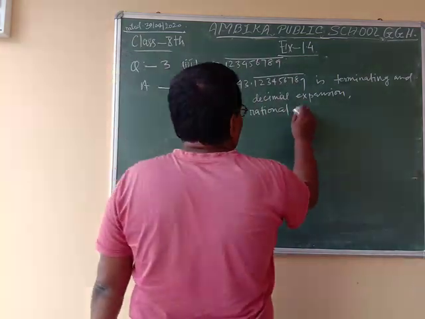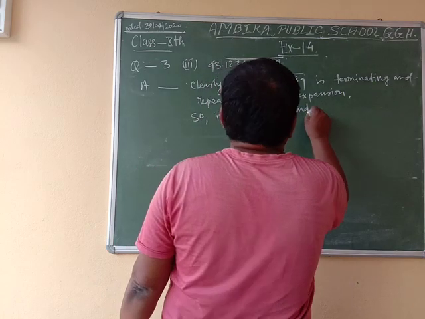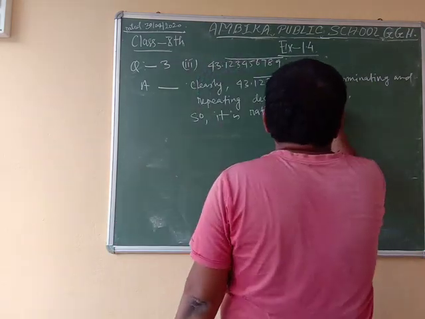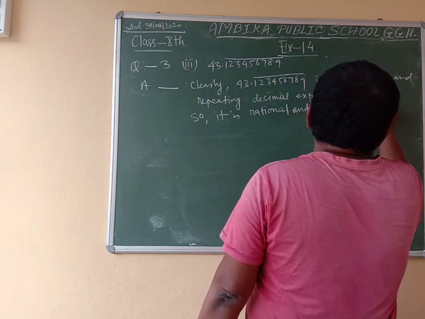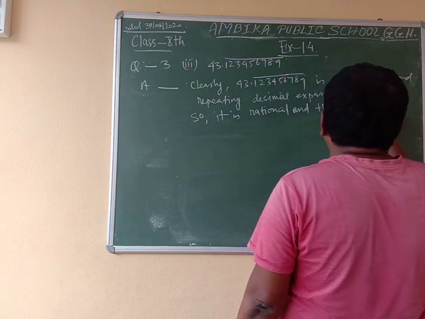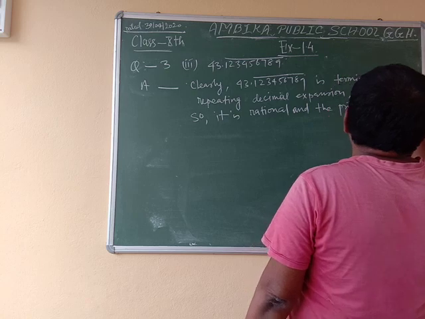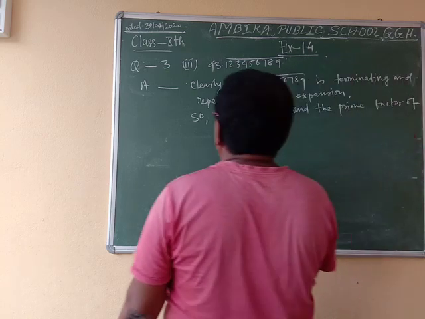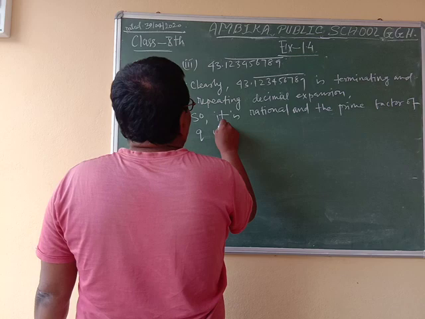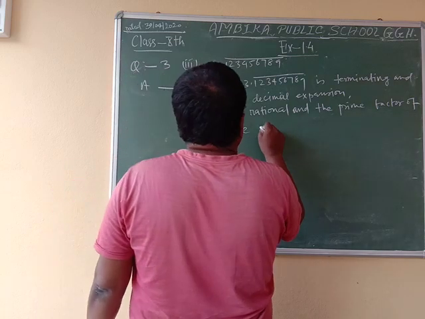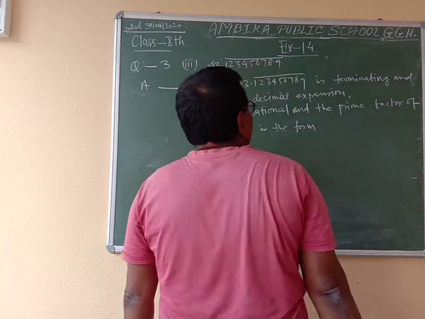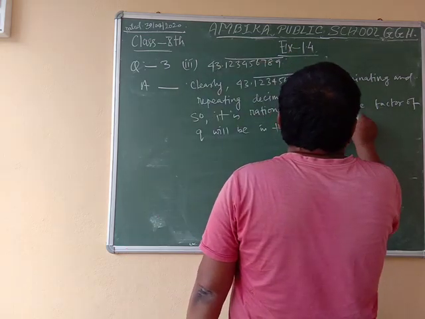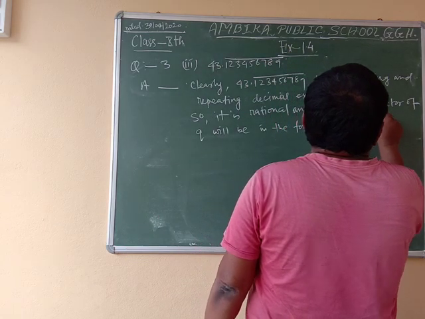And the prime factors of Q will be in the form of 2 to the power n into 5 to the power n.